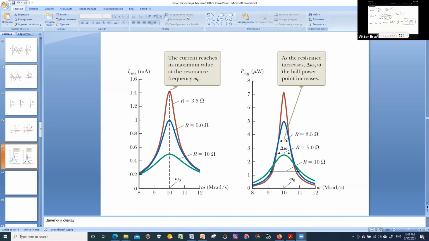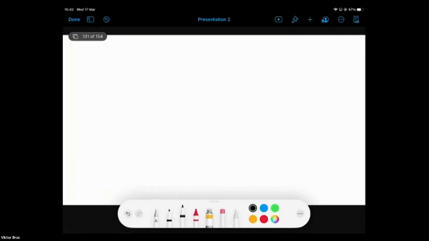Okay, now let's come back to our slides and get some equation for the frequency dependent power.